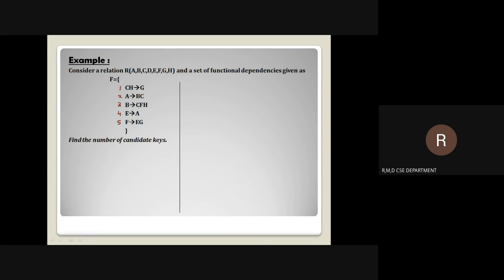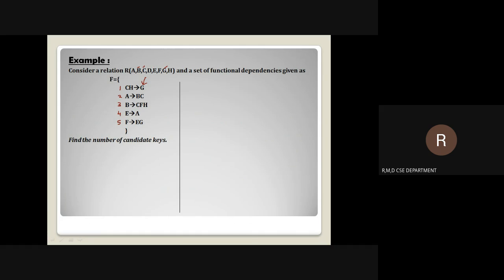Since our objective is to find the candidate key, the key attribute will not be present on the dependent side. So examine the attributes that are not present in the right hand side of the given functional dependencies. G is there, B is there, C is there.